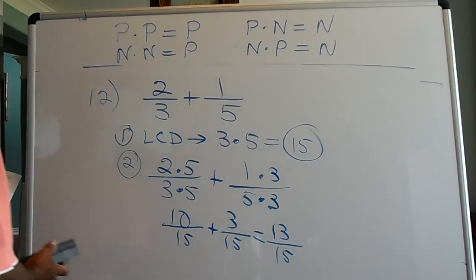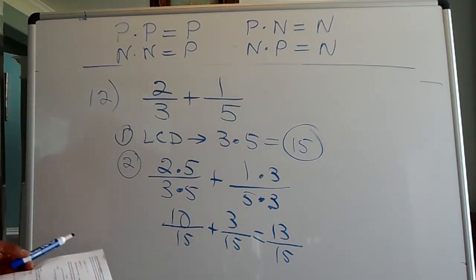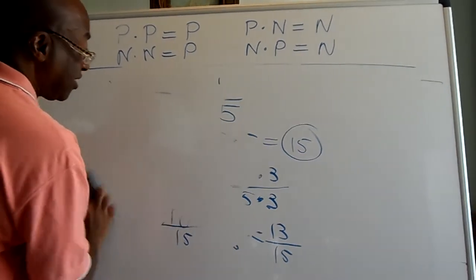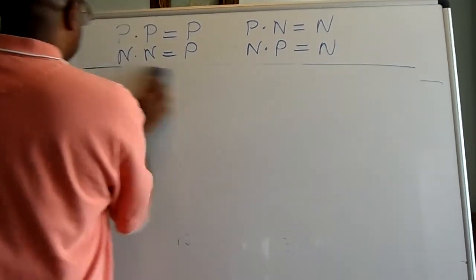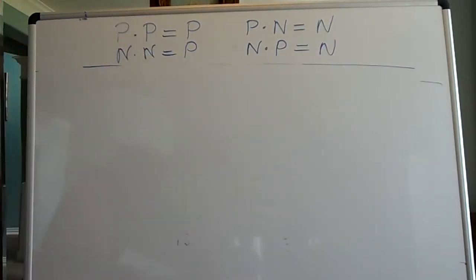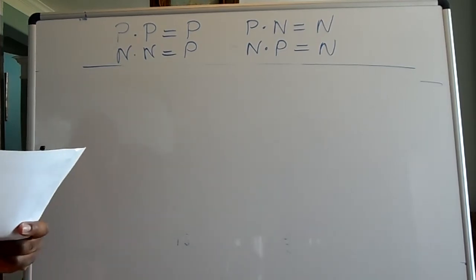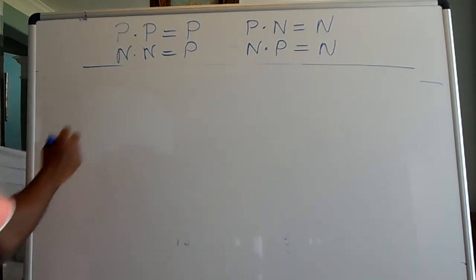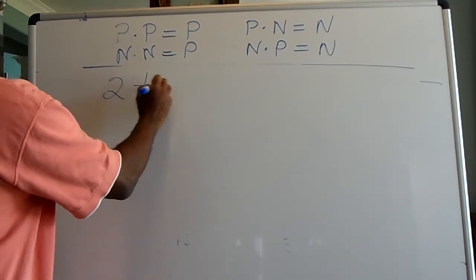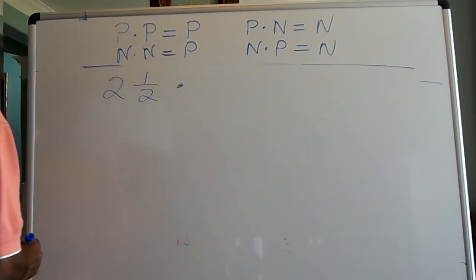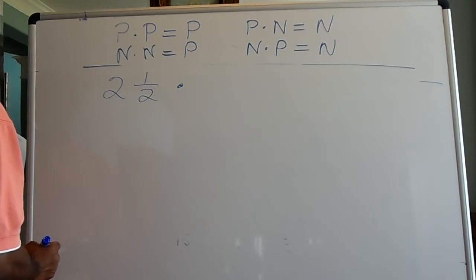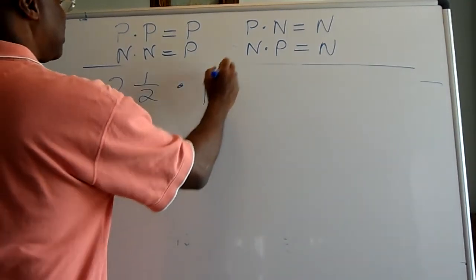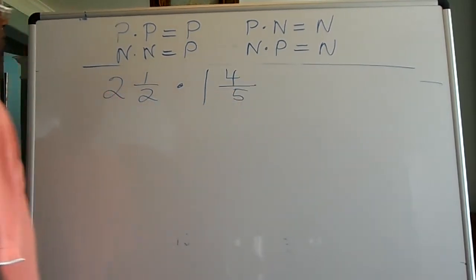All right, let's go to number 13. Number 13, we're asked to multiply two mixed numerals, and we're going to write the answer as a mixed numeral in simplest form. So let's go ahead and take a look at that. And the mixed numerals are 2 1/2 times 1 4/5. Here's the procedure.